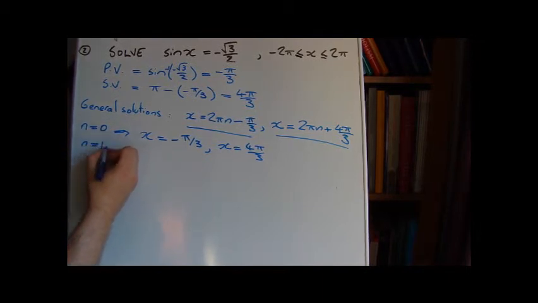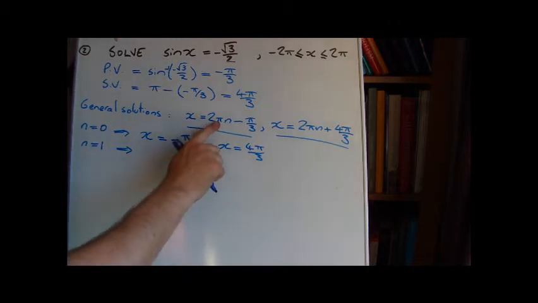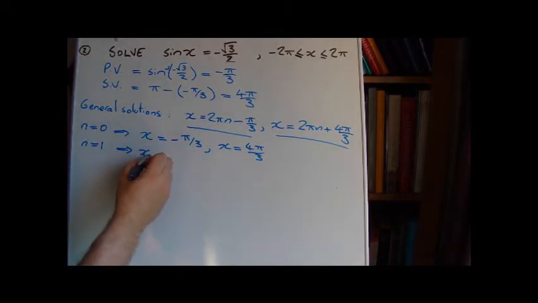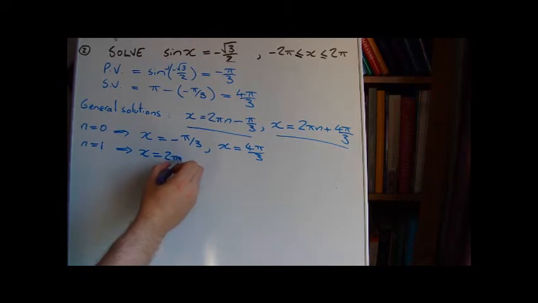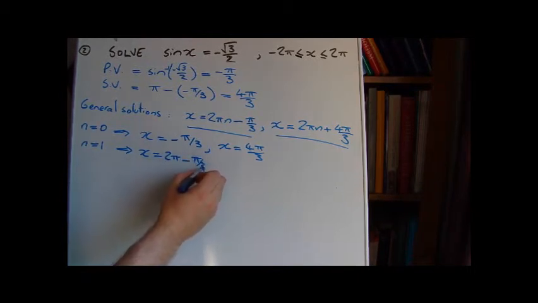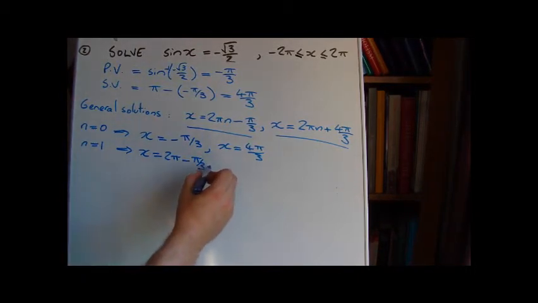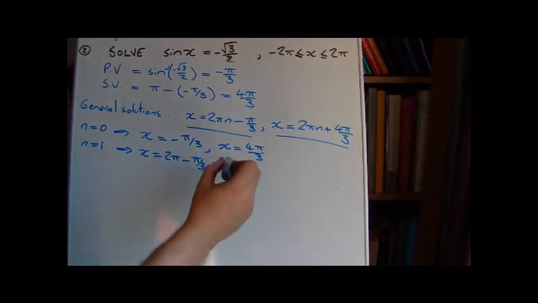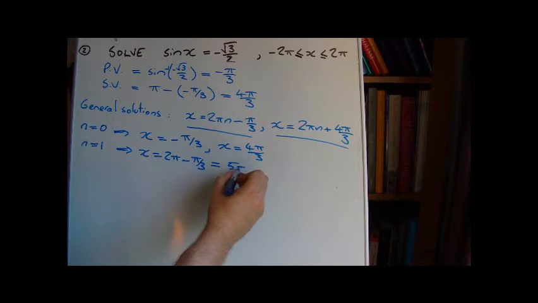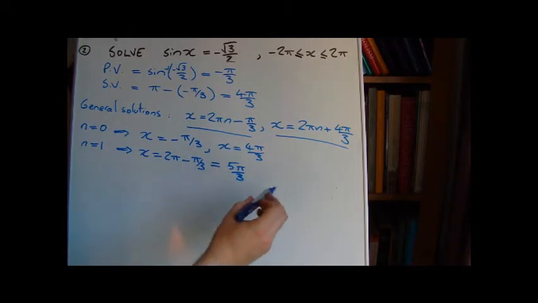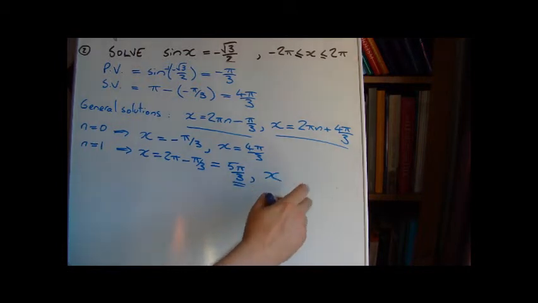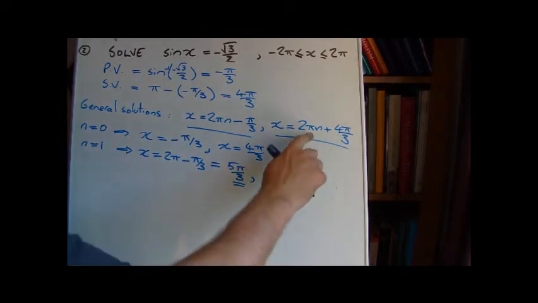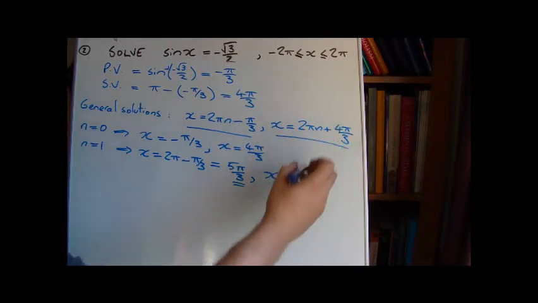We'll try n is 1. Put that into the first one. We get 2 pi minus pi over 3, which is equal to 5 pi over 3. So that's one solution. With the secondary value, we're going to get 2 pi plus 4 pi over 3.